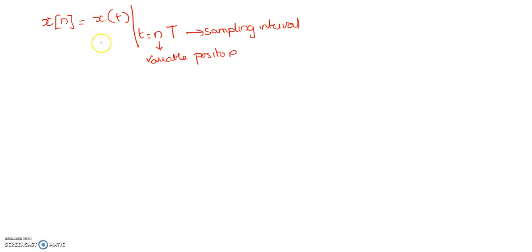This was the concept of discretizing a signal. Applying a similar concept, x of k will be equal to the sampled version of x of omega, where omega is equal to, we need to substitute these two variables over here. We need a variable to represent the position, which is k, as already mentioned, and the sampling interval in this case is 2 pi by N.